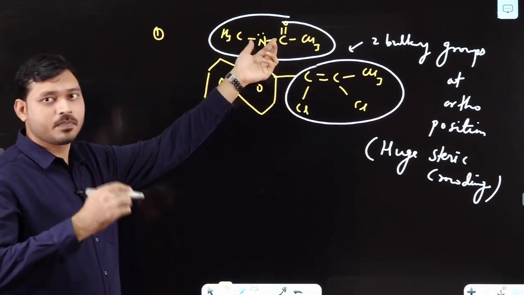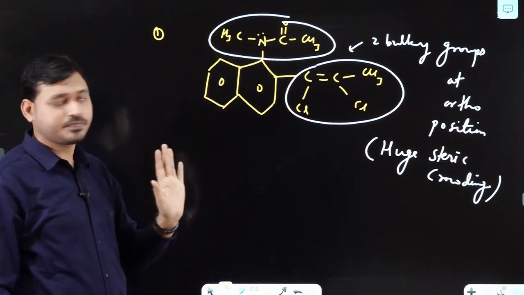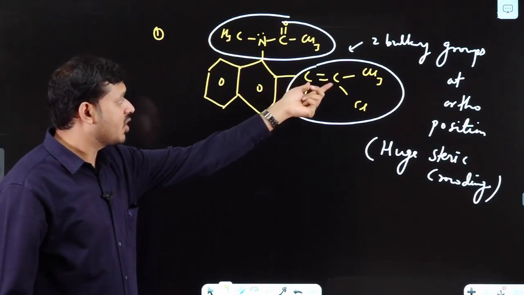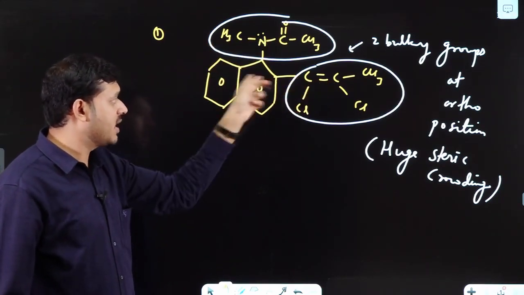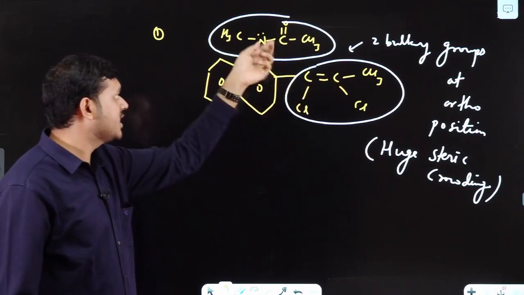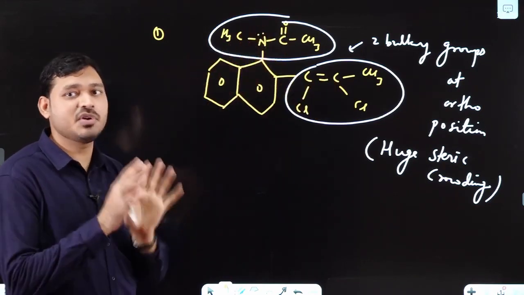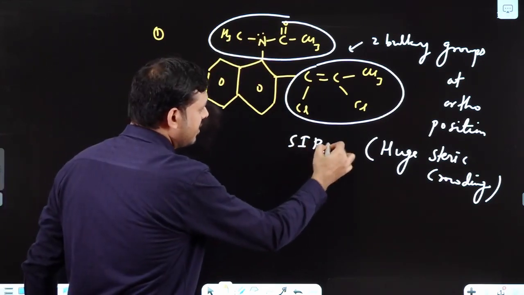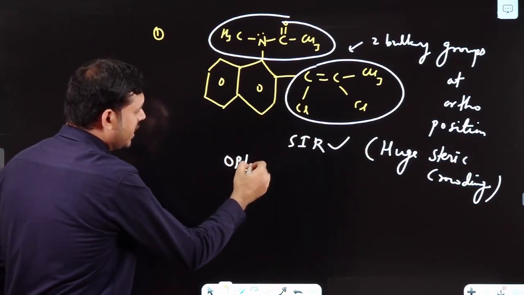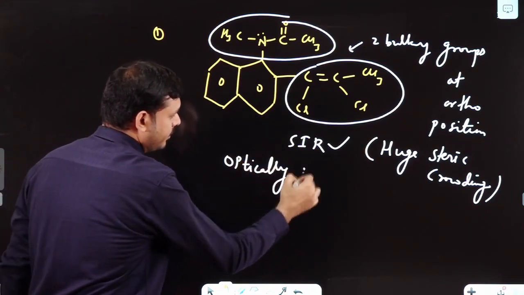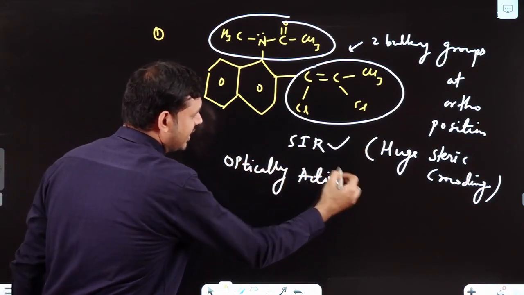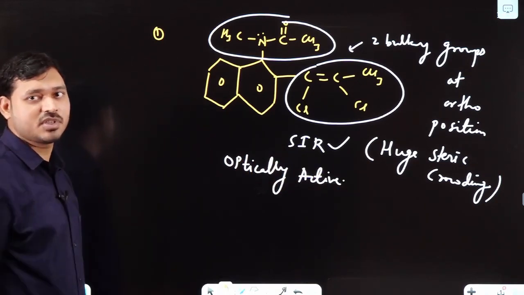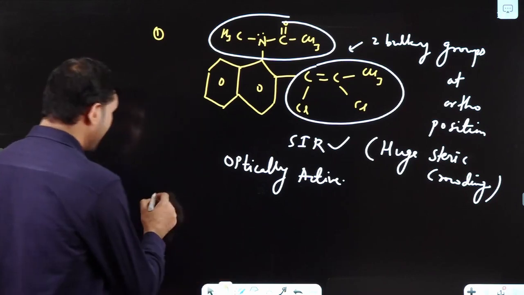This group will be a bit rotated. Okay, now what will happen through that? As such, this carbon is in conjugation with this. Okay, double single double, so it is a planar part and this part is in conjugation, planar part, but due to SIR effect here, this compound is optically active. Okay, so this is one of the good examples to understand that this compound is optically active. One more case.